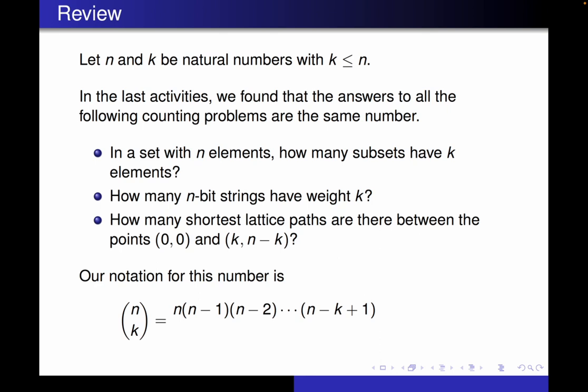In fact, we counted every possibility k factorial times. So to compensate, we divided by k factorial. And for a slightly more compact formula, if you multiply the top and bottom by (n − k) factorial, you end up with n factorial on the top, and k factorial times (n − k) factorial on the bottom. That's an alternate formula for that number.